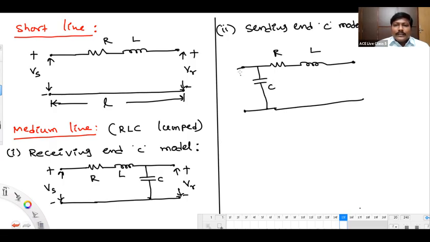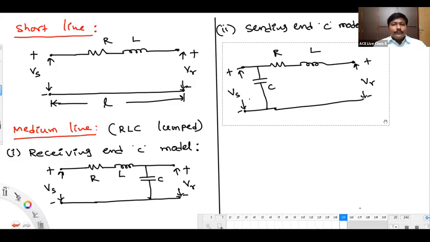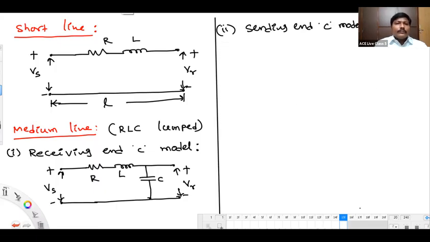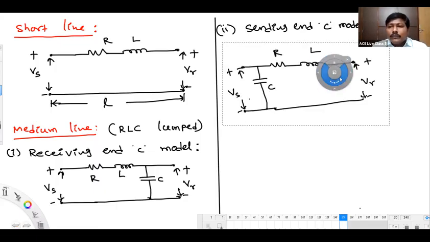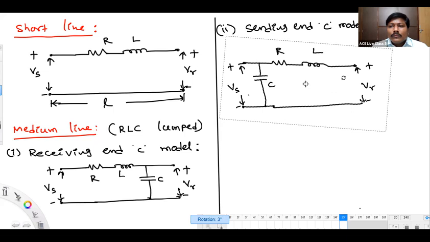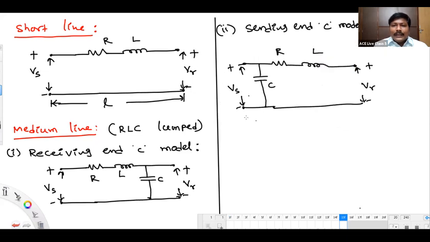This is the sending end side voltage and this is the receiving end side voltage. And again, this is for the complete length of line L.